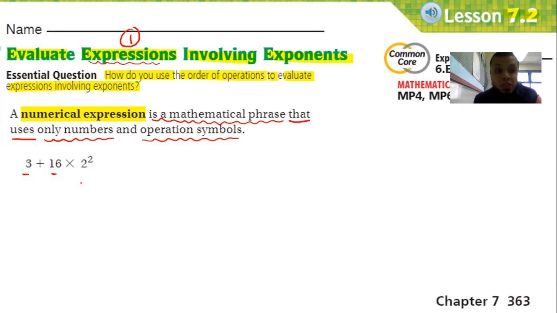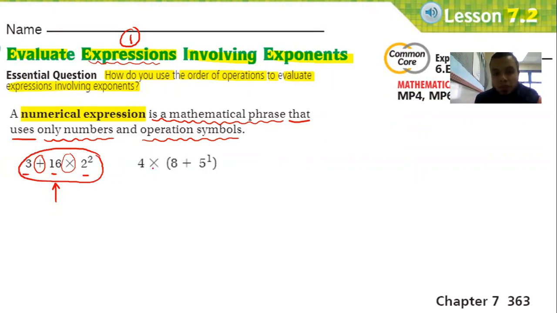Yes, we have seen 3, 16, and 2 power 2, or the second power of 2. Do you have operation symbols? Yes, we have seen here plus and here multiply. So all of it is called a mathematical expression.